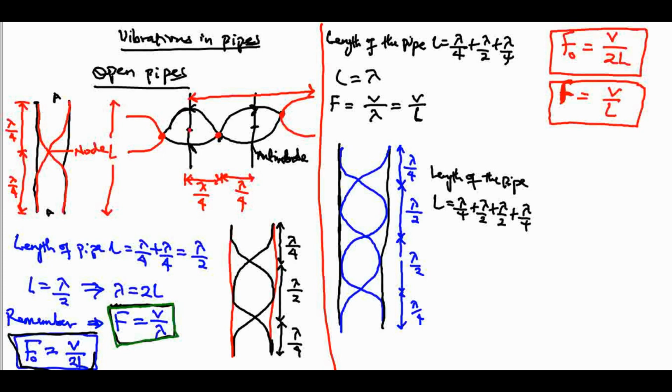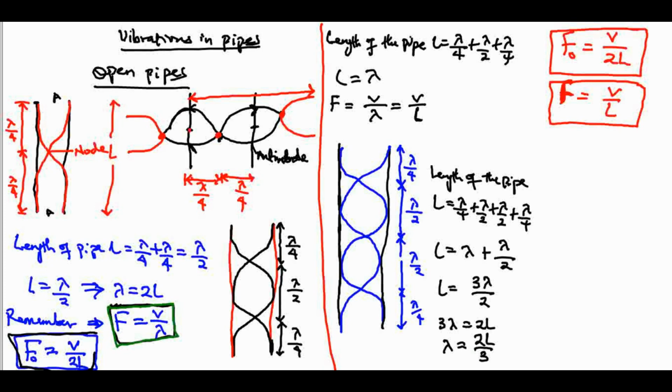Lambda over 2 plus lambda over 2 is equal to lambda, plus lambda over 4 plus lambda over 4 is equal to lambda over 2. And we'll add up the whole of this. We'll have that L will be equal to 3 lambda over 2. And in terms of lambda, we'll have that 3 lambda is equal to 2L. Therefore, the wavelength in terms of L is going to be equal to 2L divided by 3.